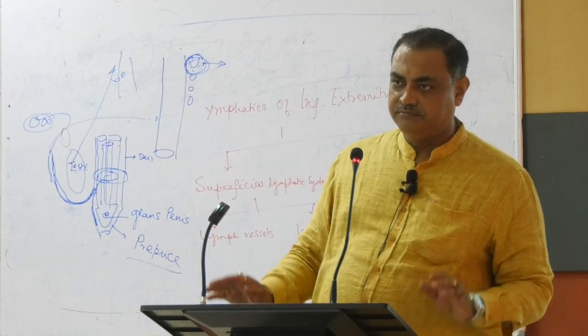Simple. That's all. Already read about normal urine. Yes or no? Yes. Okay. So can anyone tell me what are the constituents of normal urine? Anyone? So the major part of the urine is formed by what?